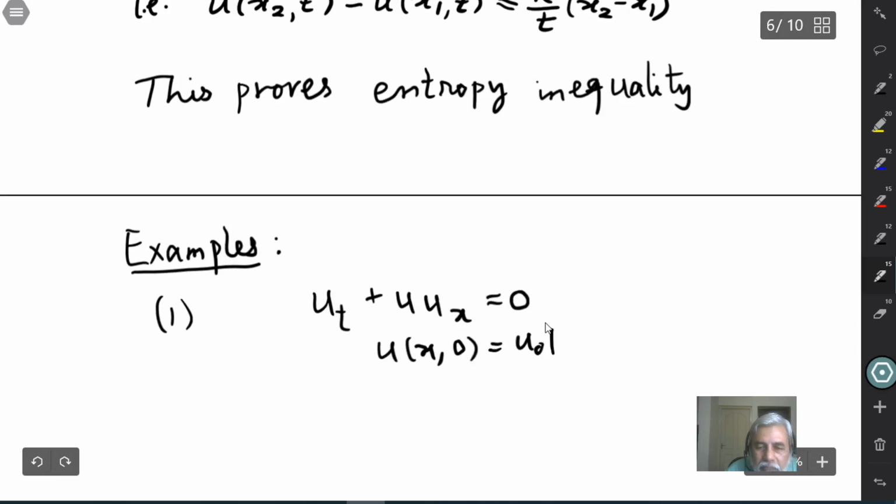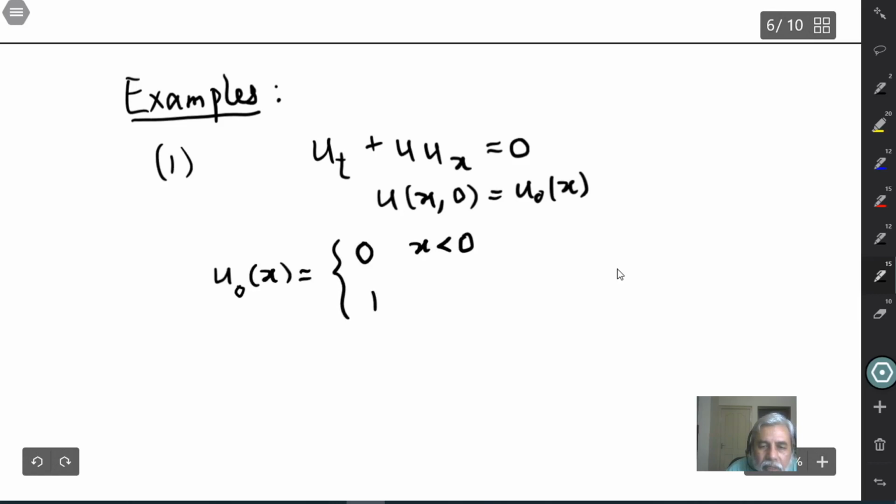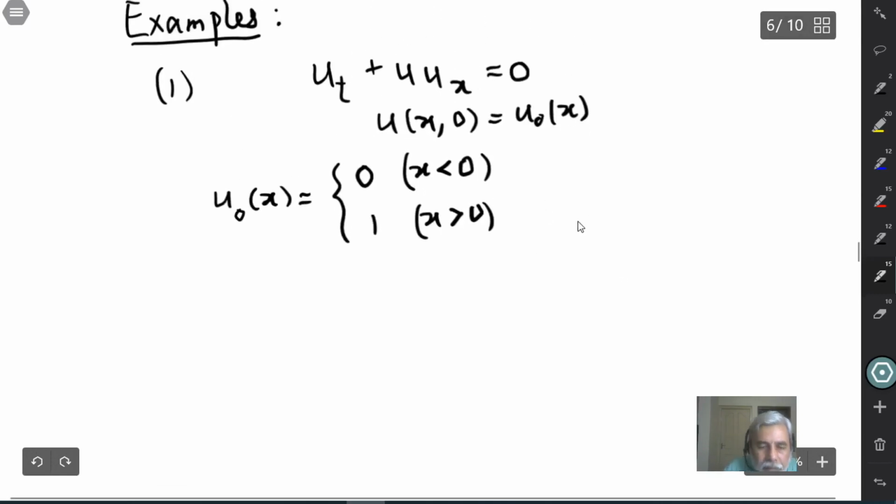The first example consists of a rarefaction wave, where u0(x) is 0 if x is less than 0 and 1 if x is greater than 0. Earlier we already solved this problem using the method of characteristics, and we got the solution as this rarefaction wave.